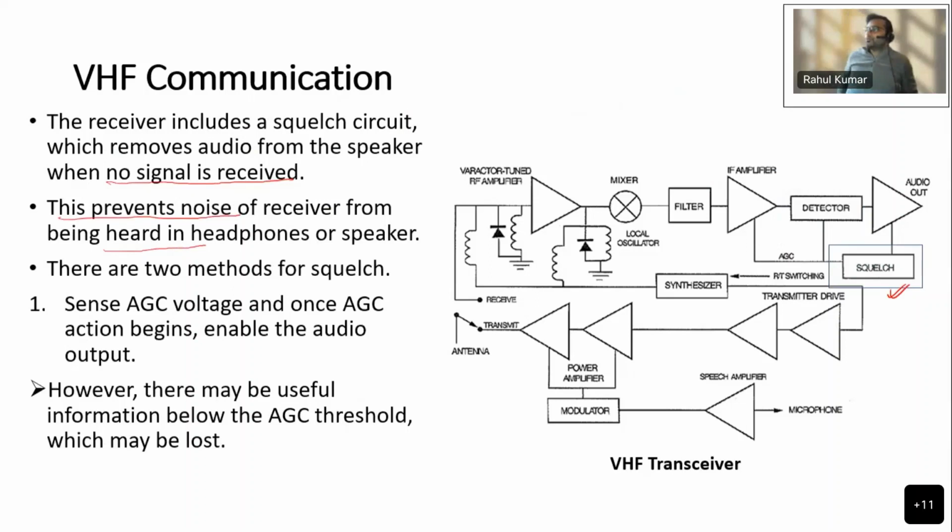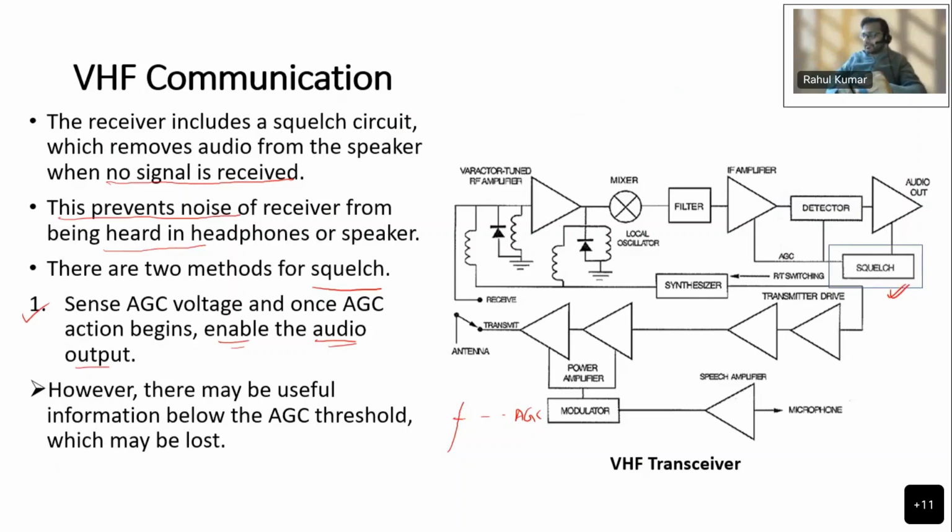Now there are two methods for squelch. The first one is to set the AGC threshold, right? So the first method is to set an AGC threshold, and if you have any signal higher than this threshold, then your audio output will be enabled, or you will turn on the speakers.